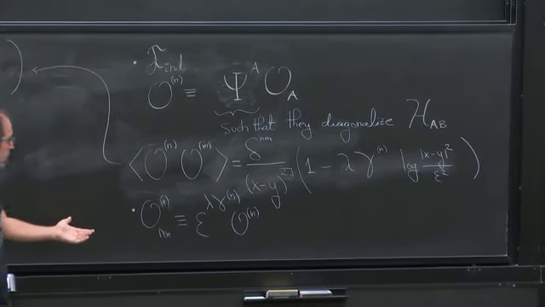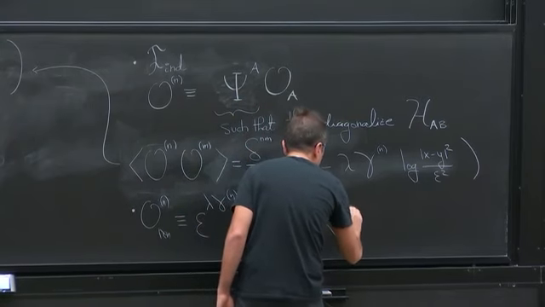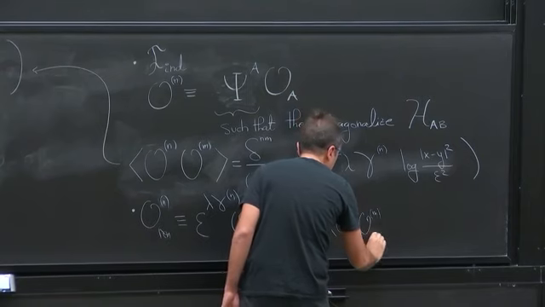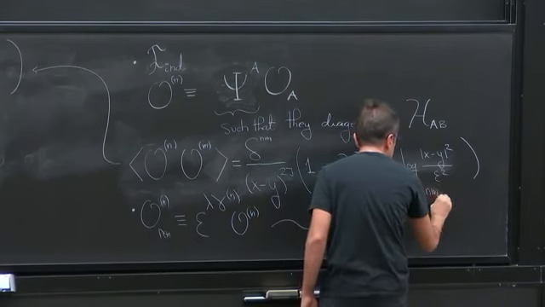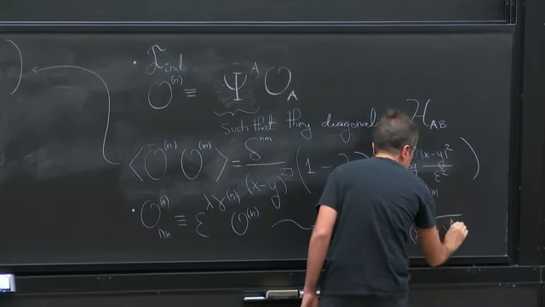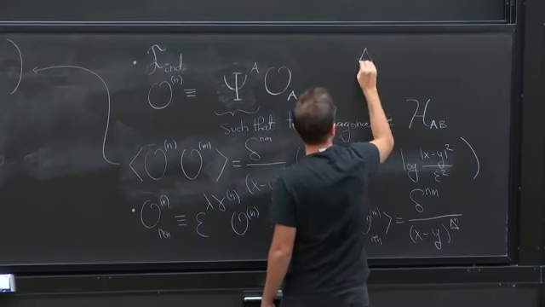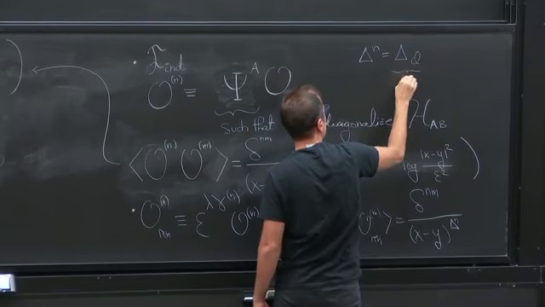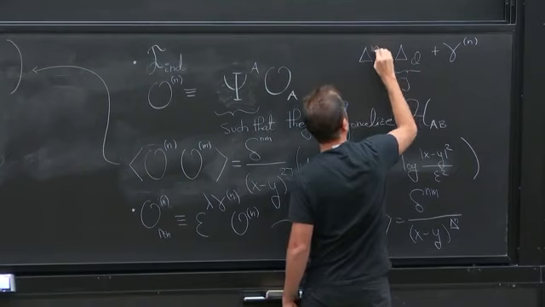And then this operator On renormalized with OM renormalized is now what we expect in a CFT, delta Mn divided by X minus Y to the dimension n, where delta n is just the same delta classical, that was J for everyone, plus the anomalous dimension n.